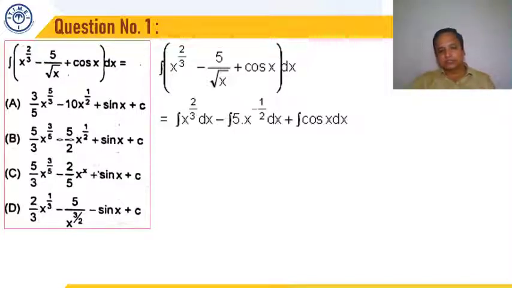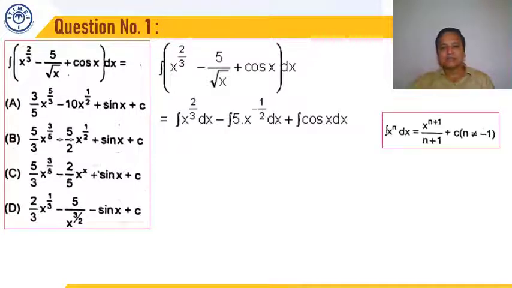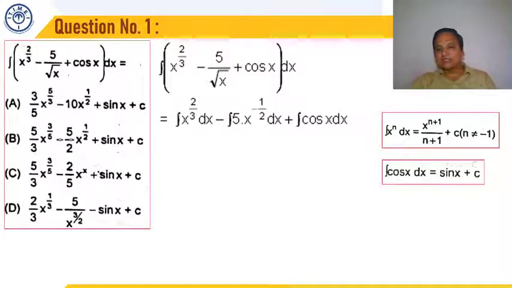By using the formula, integral of x to the power n dx is x to the power n plus 1 upon n plus 1 plus c, where n is not equal to minus 1. And also integral of cos x dx is sin x plus c.